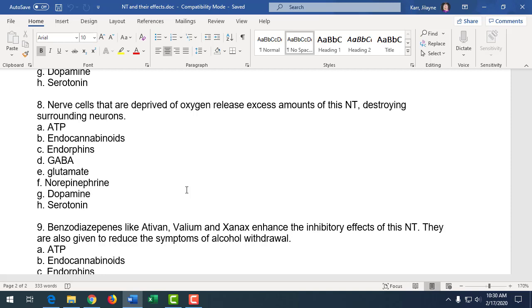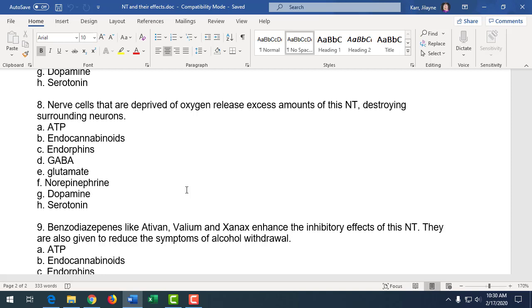But what's a more common cause that people end up in the ER? We're talking about neurons. So neurons are deprived of oxygen. Like the brain is deprived of oxygen in what major condition that happens all the time? Stroke. Yes, stroke.